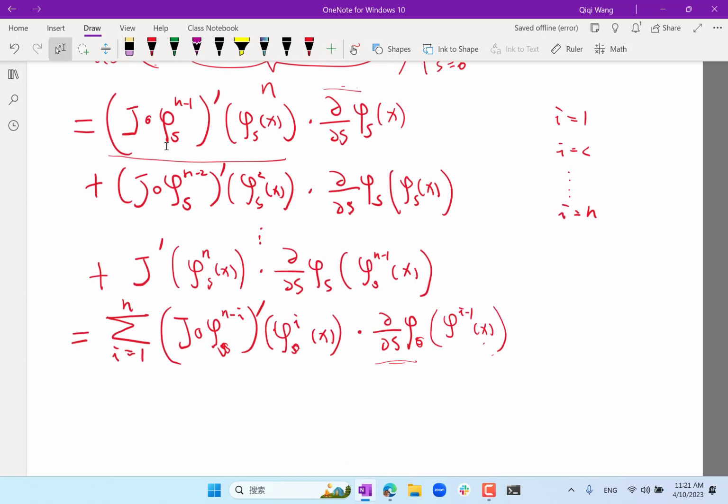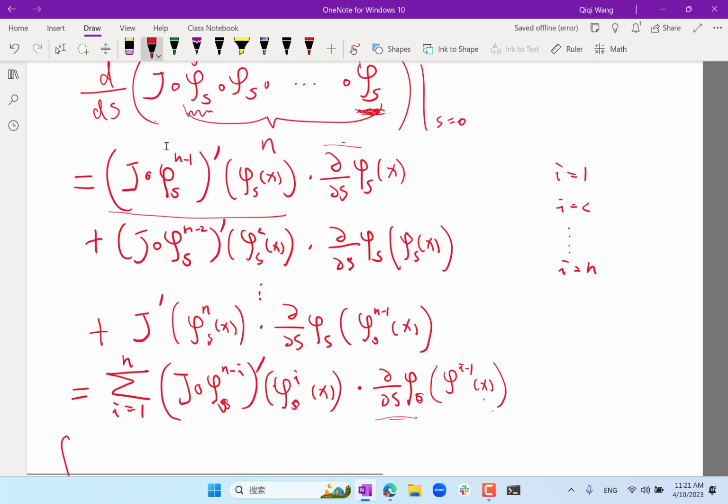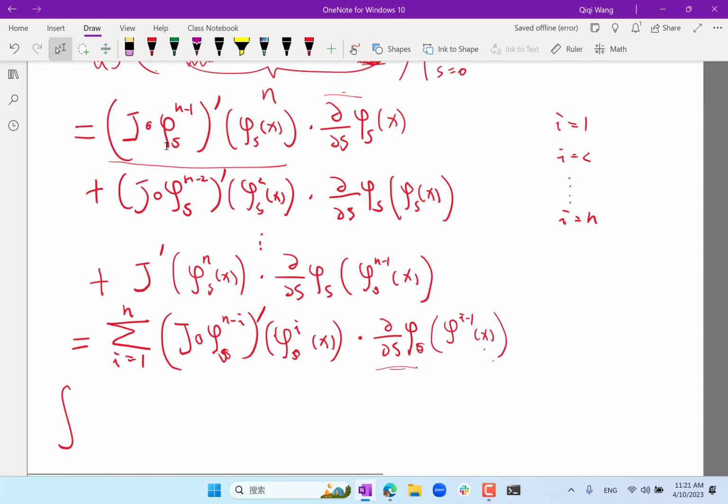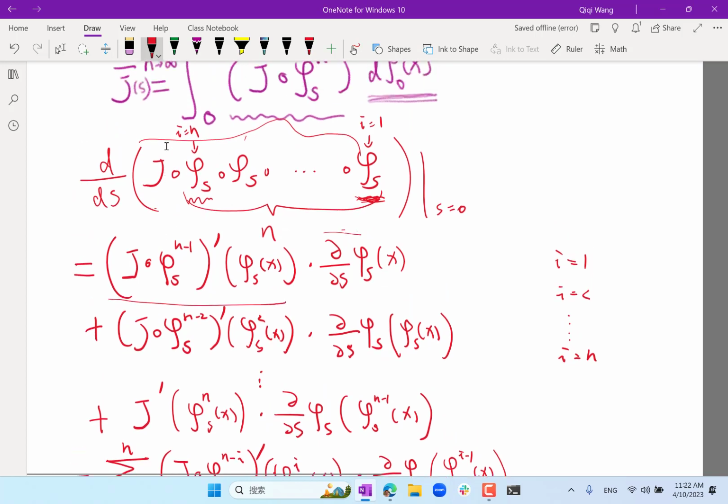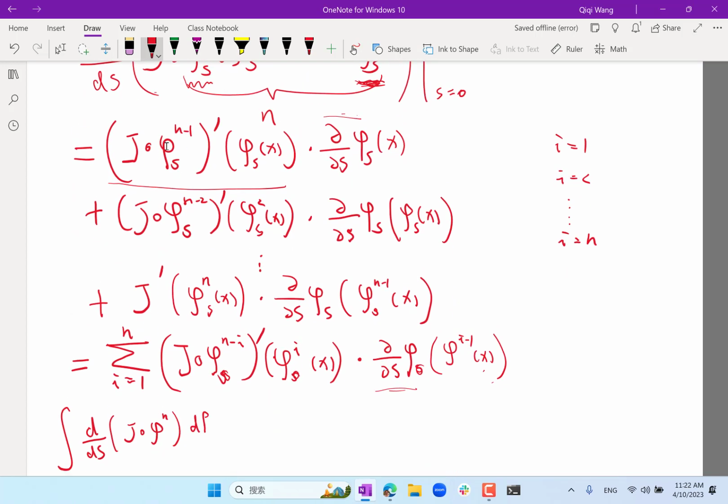So the integral of d/ds of j compounded with phi to the nth power, d rho x, is equal to, let's first do the substitution, the sum for i equal to 1 to n. We can always exchange a finite summation with the integral. The integral of j compounded with phi to the n minus ith power, prime.